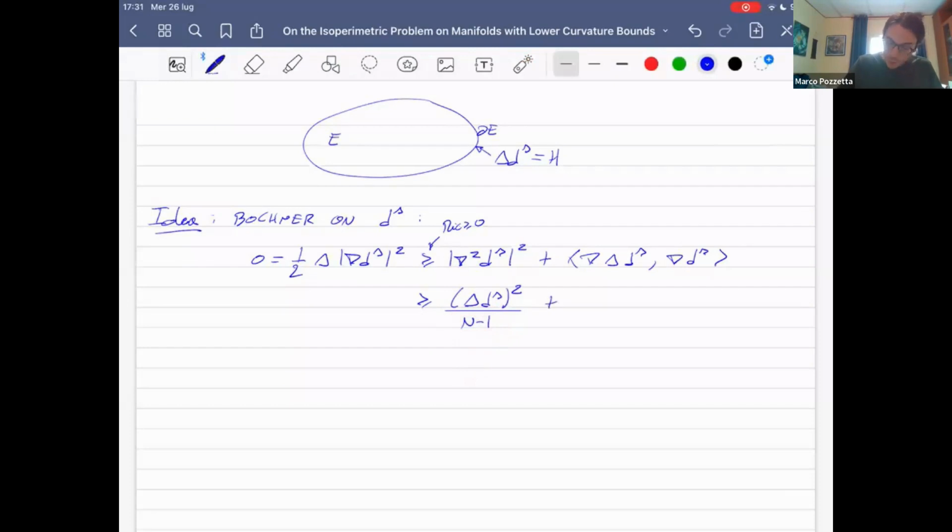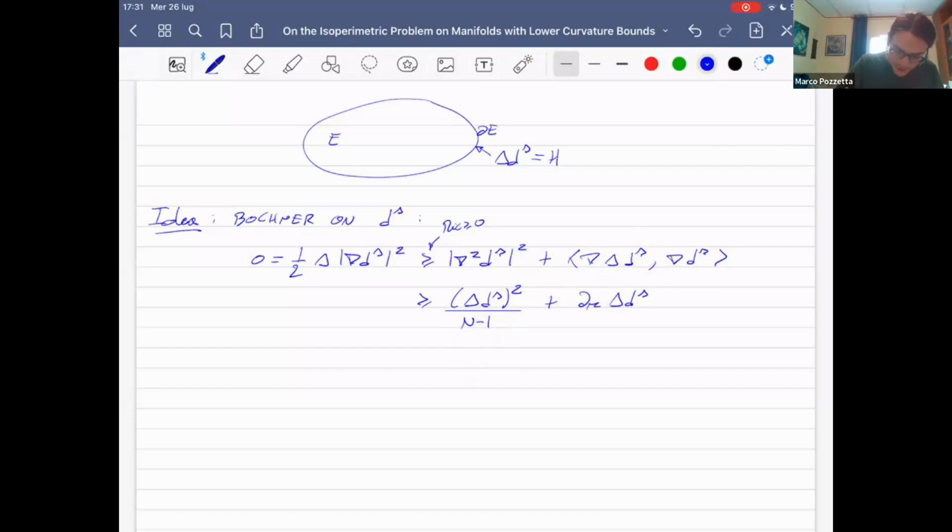Plus, what is here? By definition of gradient, it is the derivative of the Laplacian of the distance function along the direction gradient of the S. So it is maybe more common to write it as dr delta ds, where by dr, I am just meaning that I am taking the derivative along a geodesic for the distance function from the boundary.